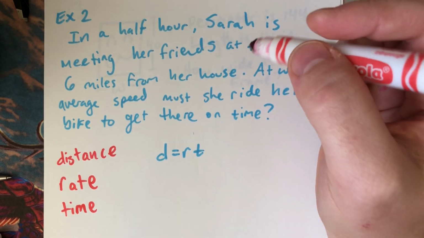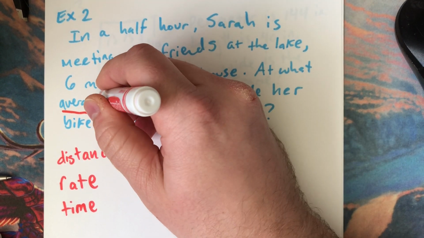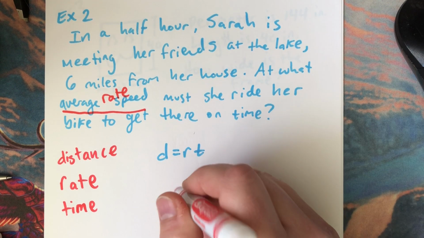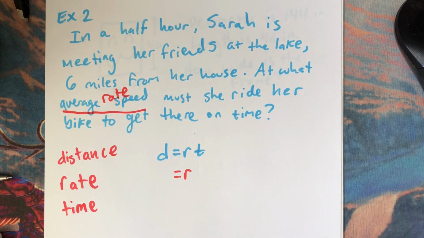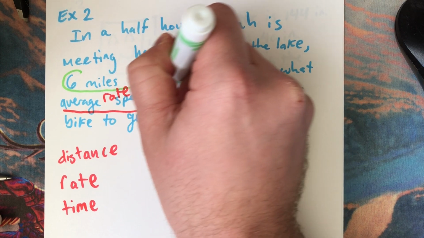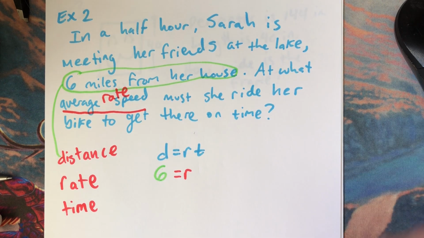time is time. So it says at what average speed? Average speed, that is what we would call a rate. So we just learned that we don't know R. Let's see. We also learned 6 miles from her house. So 6 miles away, that's going to be a distance.